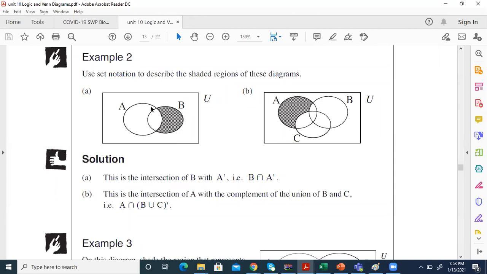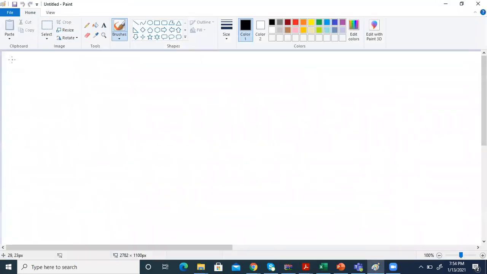So if you look right here, what is not in A? Everything outside A is not in A. Everything outside. And I think this deserves a screen. Let us see. So let me try and draw.